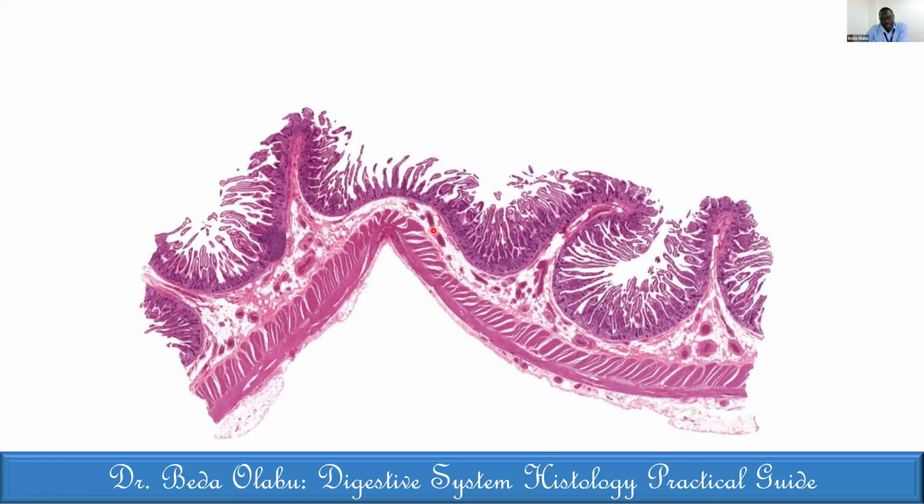This is the submucosa, and we cannot see glands, so we know it is not duodenum. Based on the gap between this and that, the plica circularis are widely spaced. We can conclude that this is ileum.